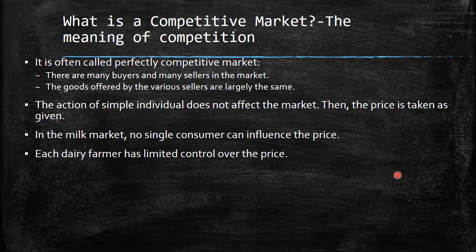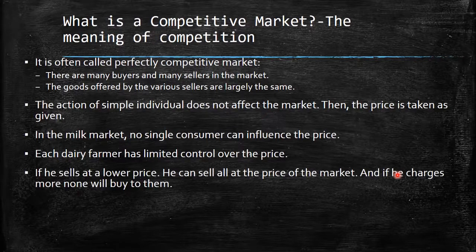When we talk about the producers, each dairy farmer has limited control over the price. Let's think about the two possibilities. The first one is that the dairy farmer sells at a lower price. Remember that he can sell everything at the market price, so he doesn't have any incentive to lower the price.